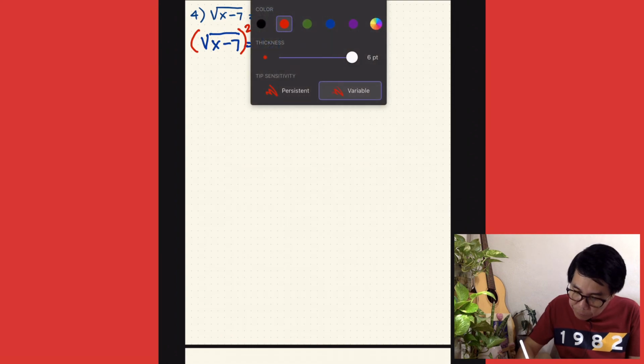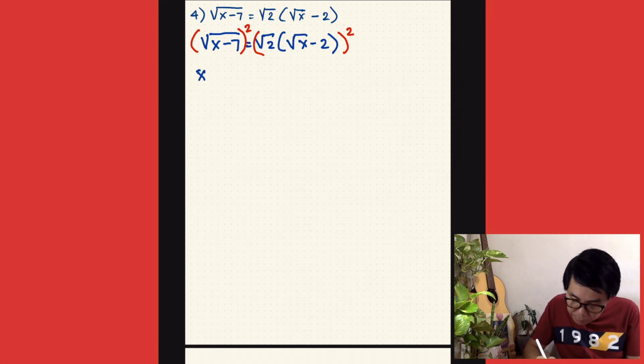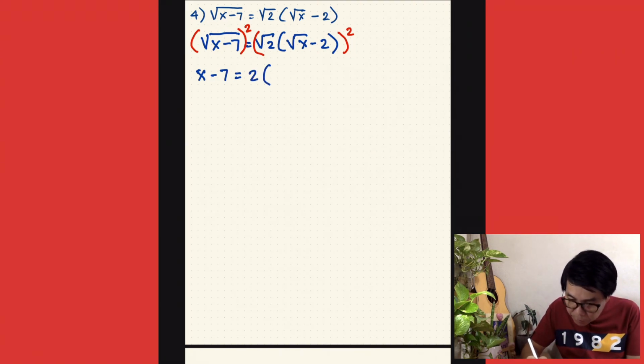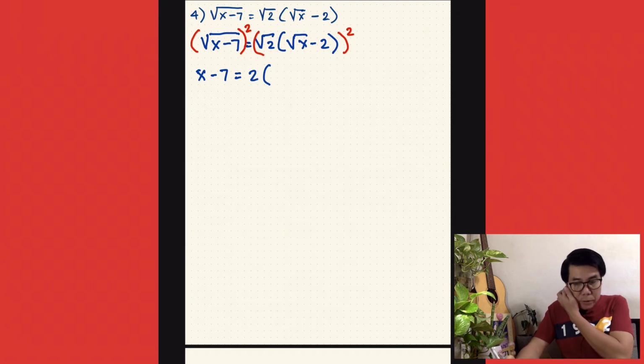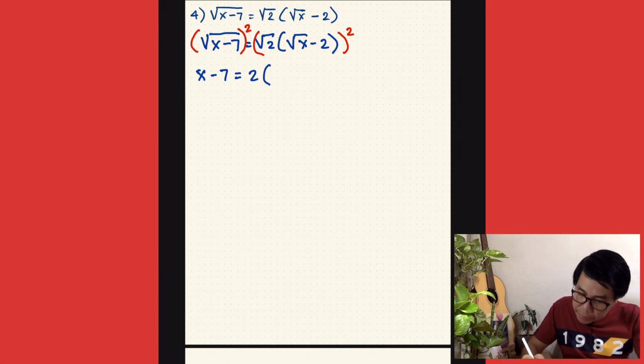Now we have x minus 7 equals the square of the square root of 2, which is 2, times, and we have to use FOIL.